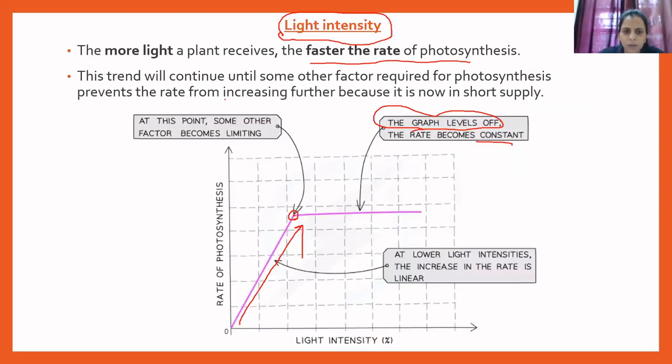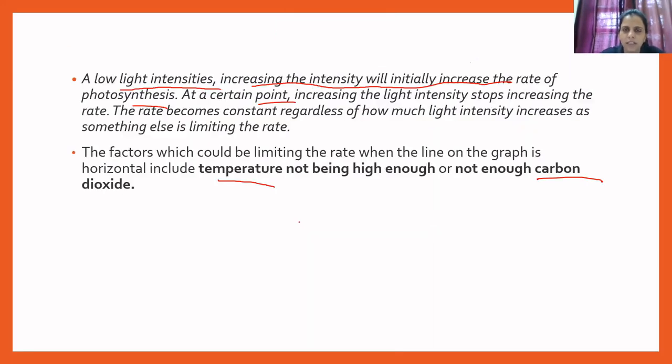Because after this particular point, even when there is increase in the light intensity, the other two factors, that is temperature and carbon dioxide concentration, are present in such a short supply, or are available in such a limited amount, that the rate of photosynthesis cannot be increased further. So the rate of photosynthesis just becomes saturated or constant. This is how light intensity affects the rate of photosynthesis.